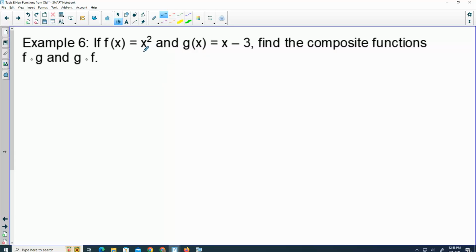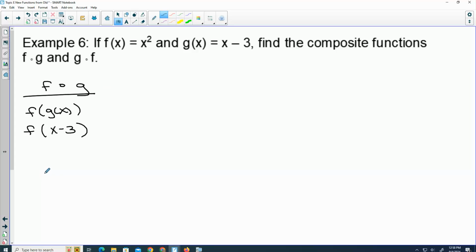Okay, here's f of x is x squared, g of x is x minus 3. When I say f composed with g, what does that mean? Put the g into the x. F of g of x. So g is x minus 3, and I'm putting that into f.